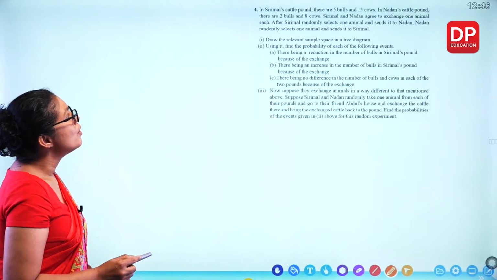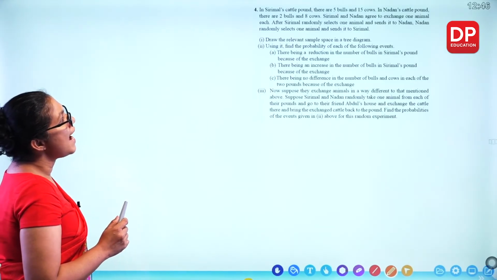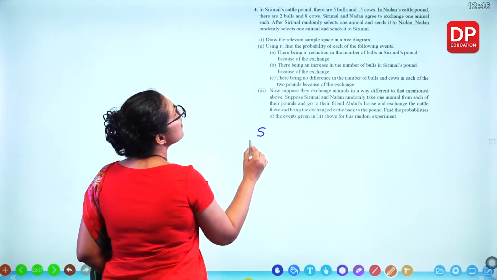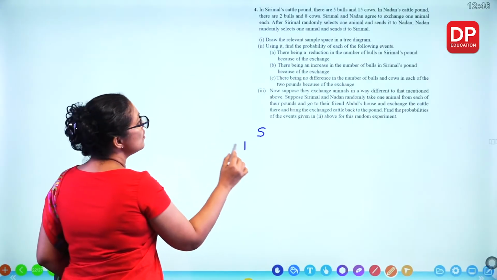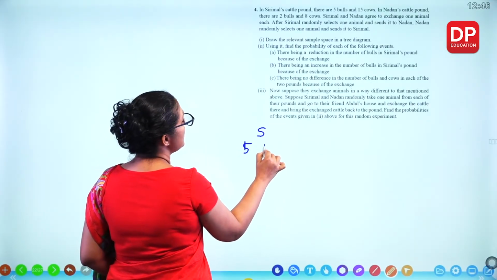Question number 4. In Sirimal's cattle pound, there are 5 bulls and 15 cows. So we'll take Sirimal, 5 bulls and 15 cows.